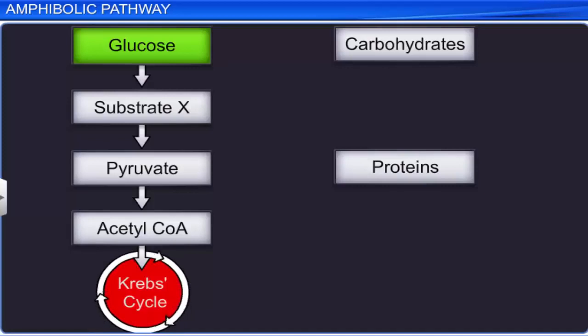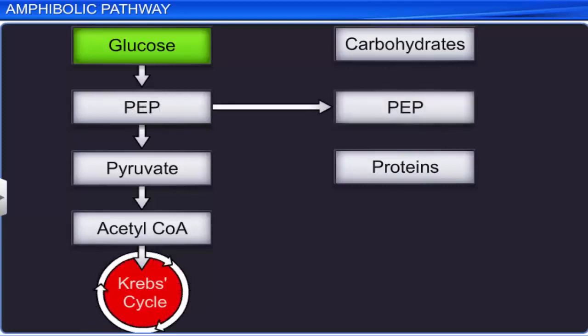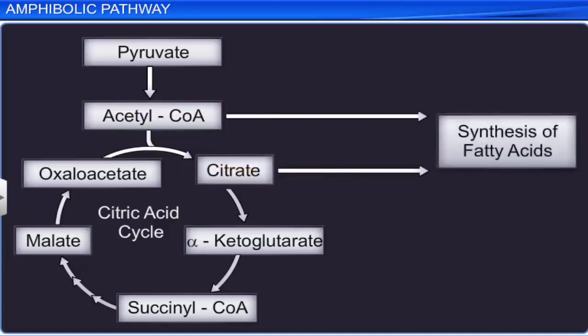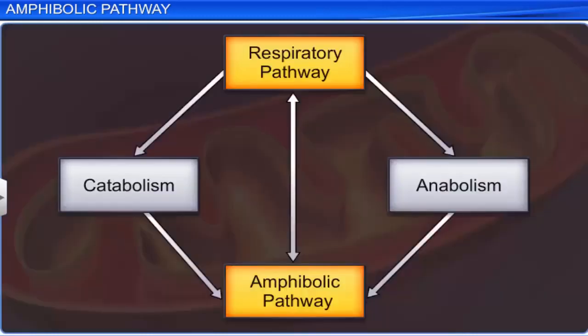For example, the PEP formed during glycolysis is withdrawn and used for the synthesis of proteins or carbohydrates. Likewise, if the plant requires fats, it withdraws acetyl coenzyme A and citrate from the Krebs cycle to synthesize them. Thus, the respiratory pathway is involved in both catabolism and anabolism and is called an amphibolic pathway.